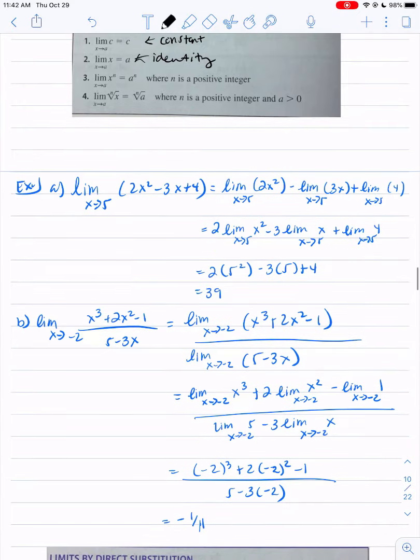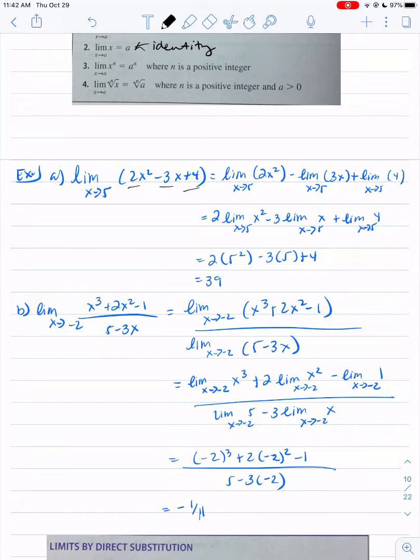Okay, so let's do some examples. So I have the limit as x approaches 5 of 2x squared minus 3x plus 4. And I could go ahead and split these up using sums and differences. So I have the limit as x approaches 5 of 2x squared minus the limit as x approaches 5 of 3x plus the limit as x approaches 5 of 4.